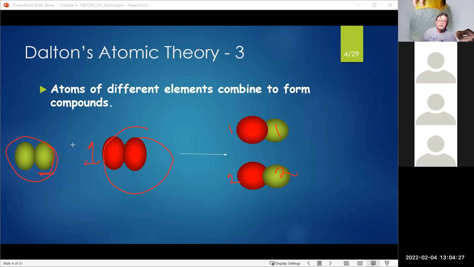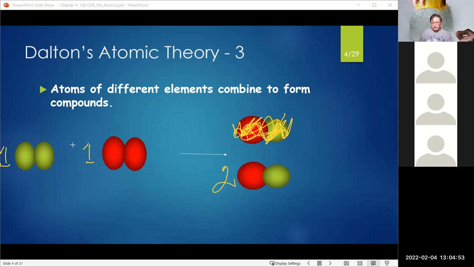Change this color a little bit. Here it is. So it's understood there's 1 molecule of my red and 1 molecule of my green. But then when I put everything together, I could really show this by putting a 2 in front of the red-green compound. Just erase that.